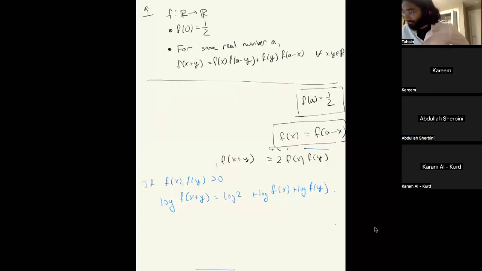So it is Cauchy with this extra term, and I think what the extra term means is that log f of x is going to be c times x plus some other constant, maybe minus log 2, I think is what it is, right? I think it means this. So maybe we need to prove this, but at least we can guess something like this.